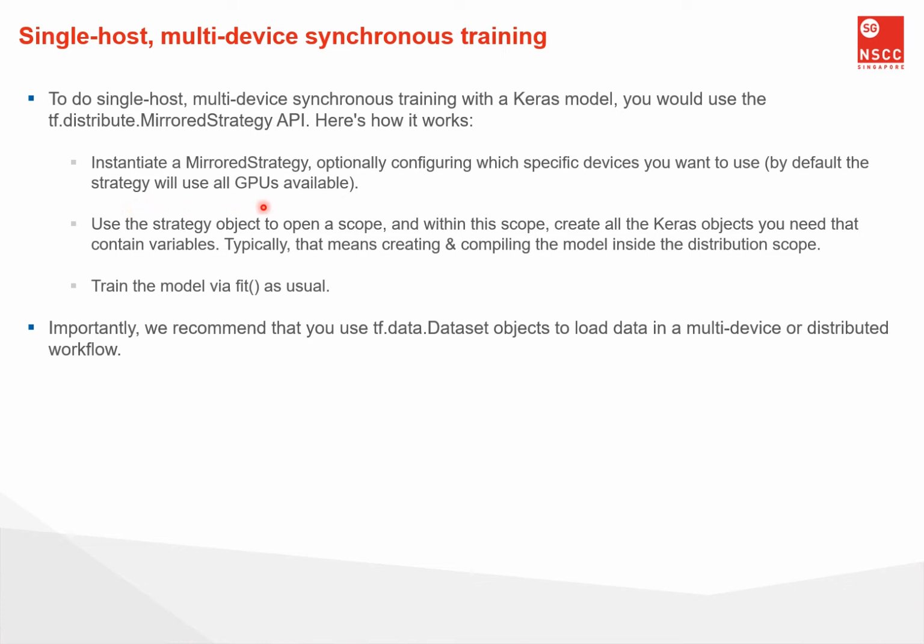Use the strategy object to open the scope, and then within this scope, create all the Keras objects that you need to contain the variables. Typically, this means creating and compiling the model inside the distribution scope. Then do the training by calling the fit function as usual. Importantly, we recommend that you use the TF dataset objects to load the data in a multi-device or distributed workflow.